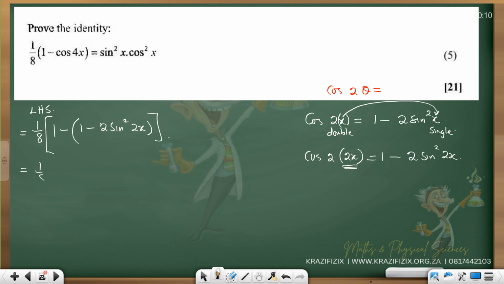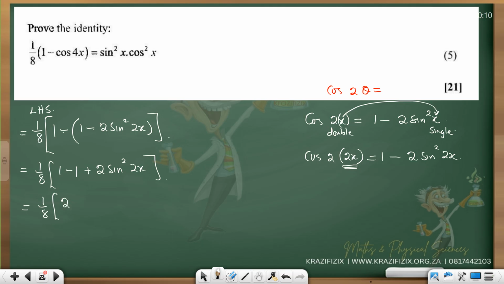Okay, let's do the expansion. 1 over 8, 1 minus 1. Negative would give me positive. Do you notice that I have already taken care of that 1? I don't want the 1.